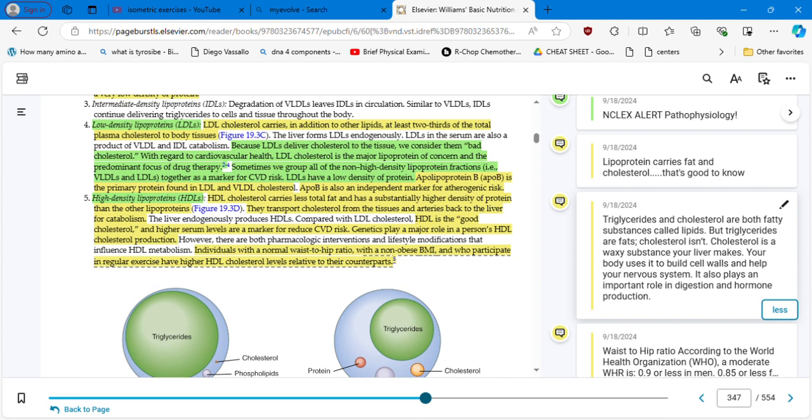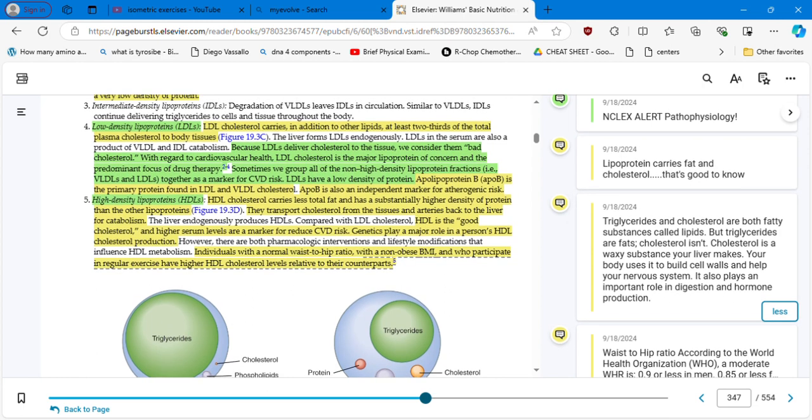Okay, let's continue. So now we have your LDL, which is your low density lipoprotein. LDL cholesterol carries, in addition to other lipids, at least 2/3 of the total plasma cholesterol to body tissues.